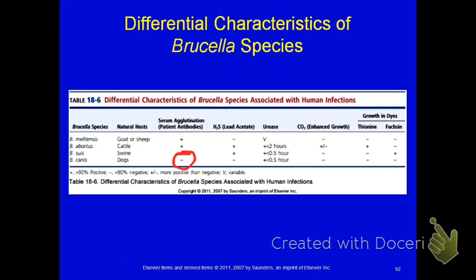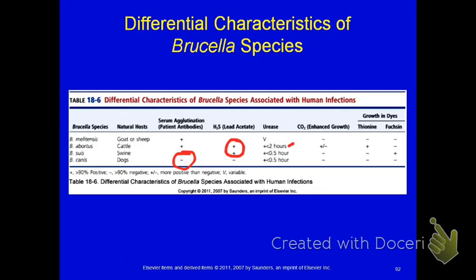On the ability to produce hydrogen sulfide, only Brucella abortus and Brucella suis would be positive. On the ability to hydrolyze urea, Brucella abortus could hydrolyze urea in less than 2 hours.